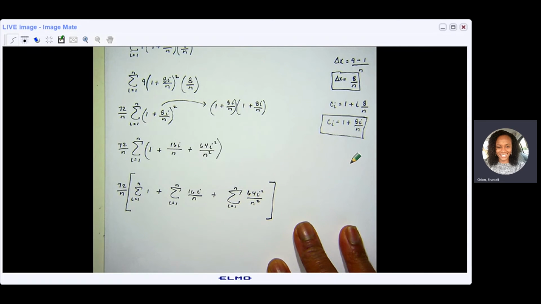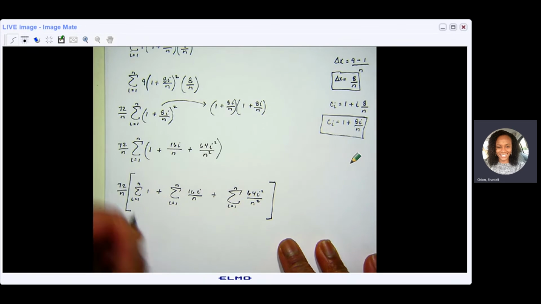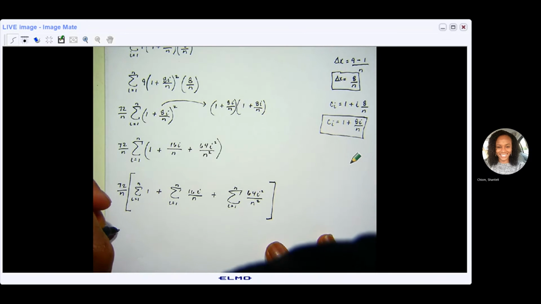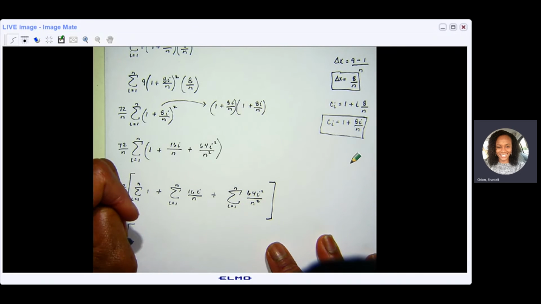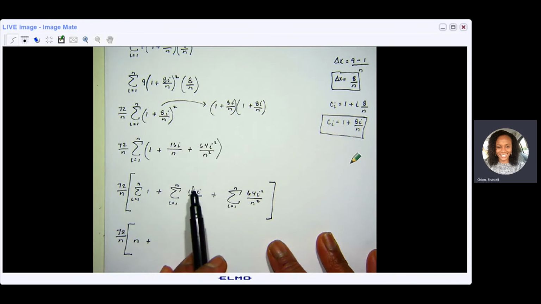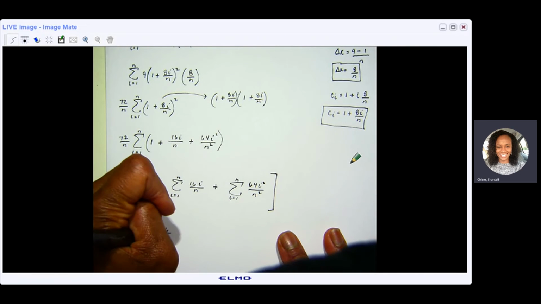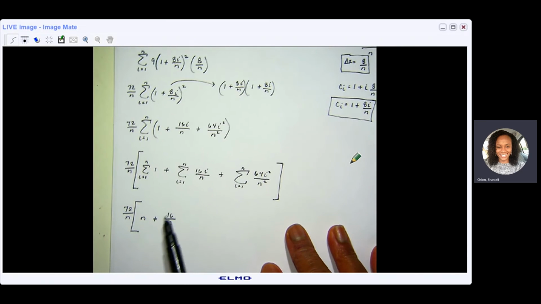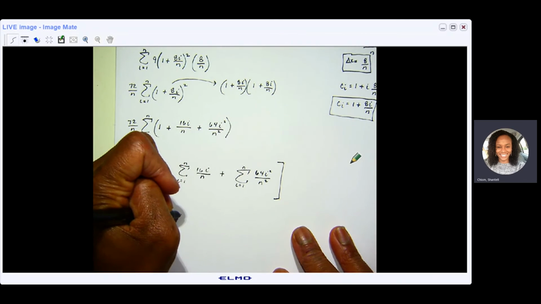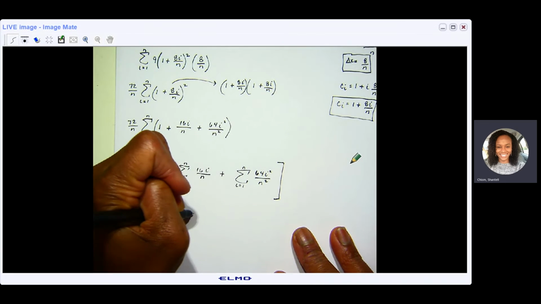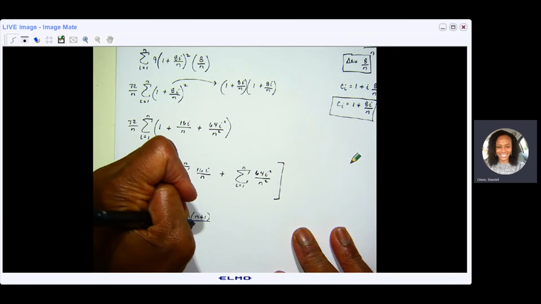So we're going to apply the summation formulas because I can pull that 64 over n squared away. I can pull that 16 over n out front here as well. Now the summation of a constant would just be that constant times n. So this is just 72 over n still out front. This is just 1 times n, or just n. This 16 over n will come out front, and the summation of i from those formulas is n times n plus 1 over 2.